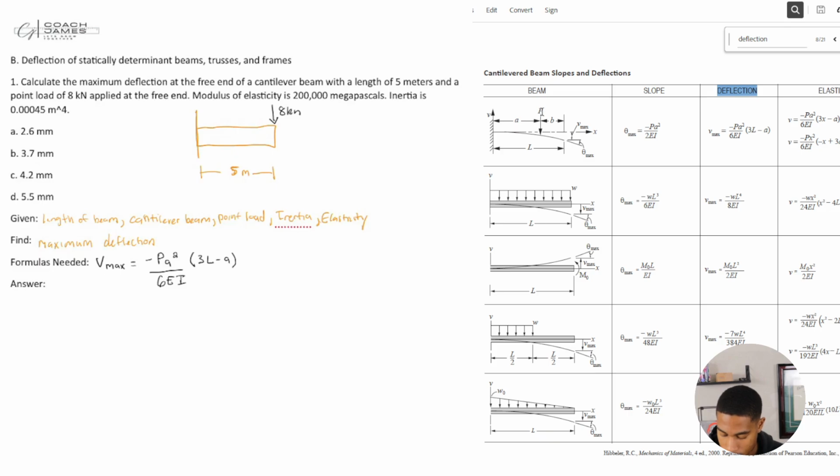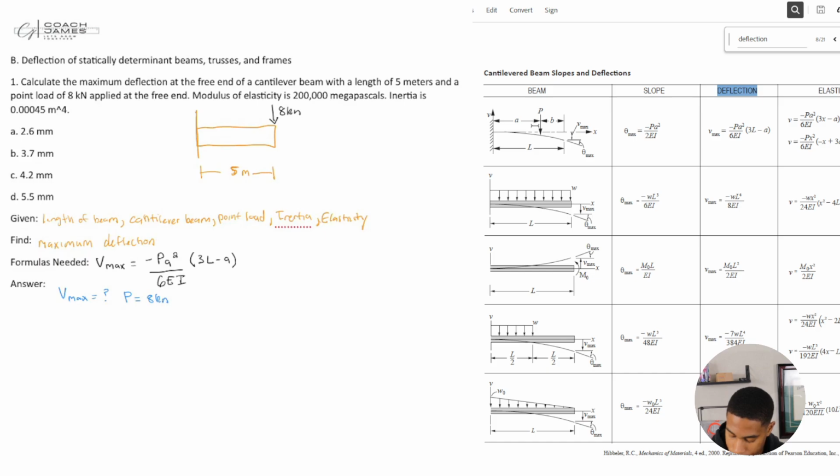Okay. So how do we know these values? What's P? Well, P is the load. All right. So I'll just write out all the values that we need that will go into this equation, right? So V max is equal to question mark. We don't know that. What about P? P on our diagram is going to be the loading. So I know that that's going to be my 8 kilonewtons. It's the point load. Okay.